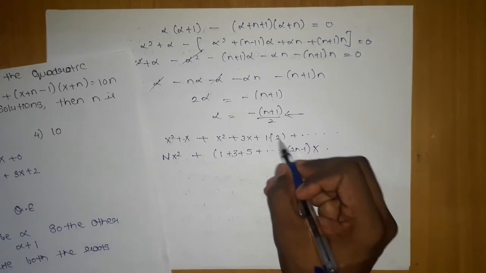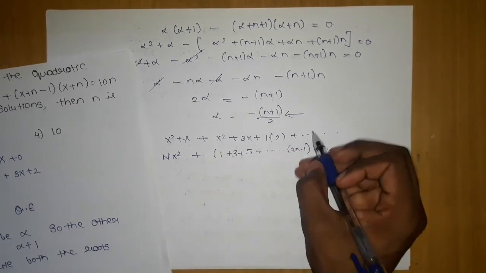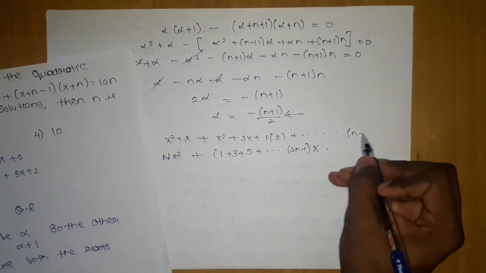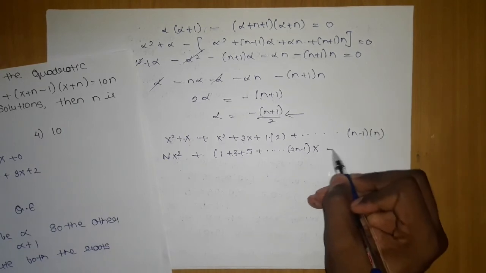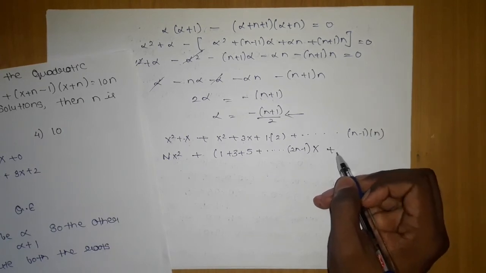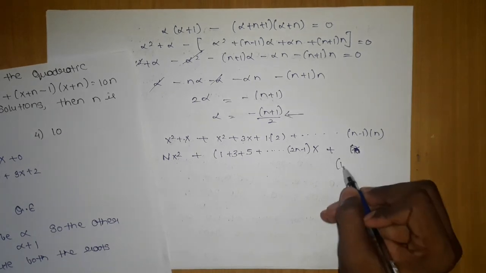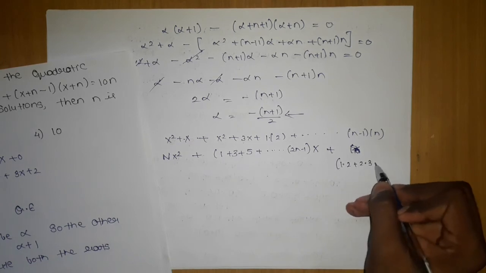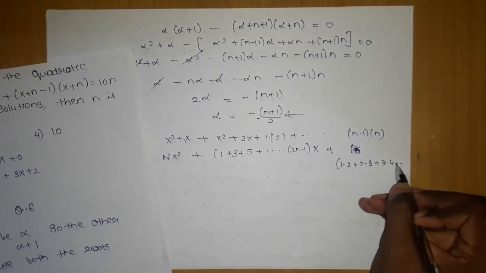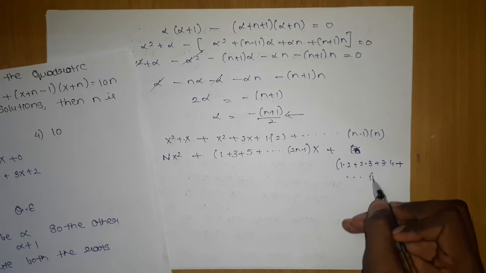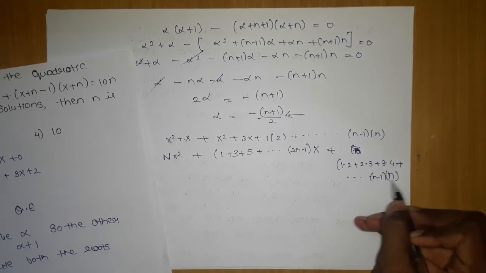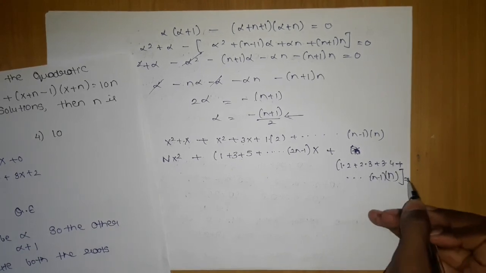And the last one is 1.2, here it was 1, and the last one will have n minus 1 into n. So it is nothing but the product of numbers: 1.2, 2.3, 3.4, and so on till n minus 1 into n. This is the thing which we are getting.